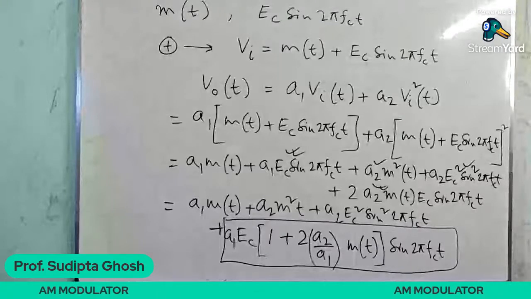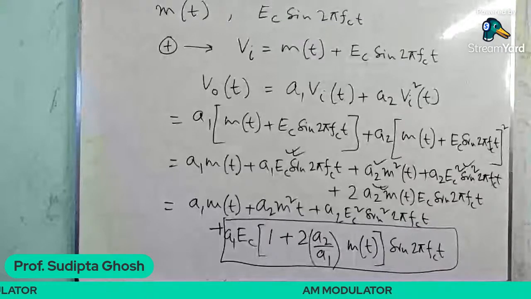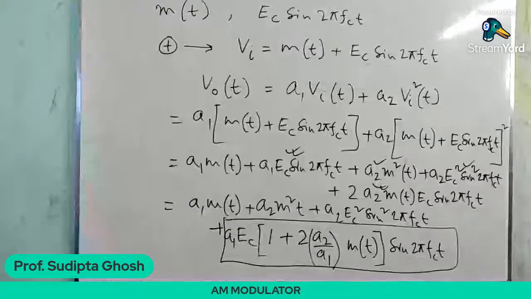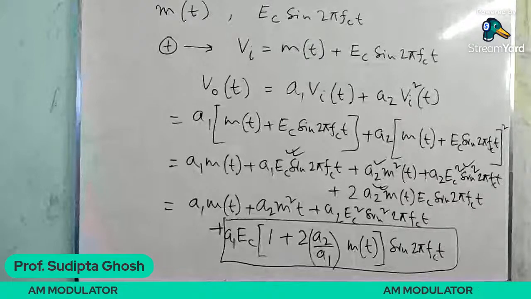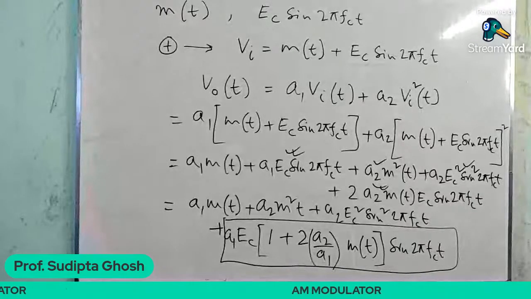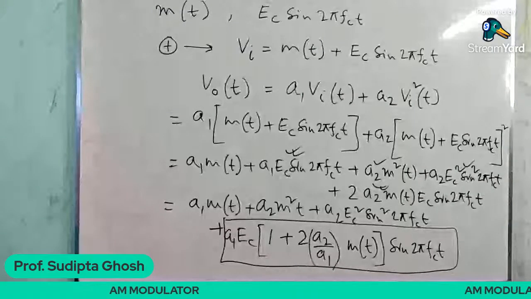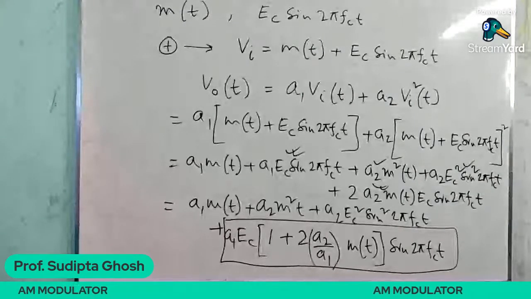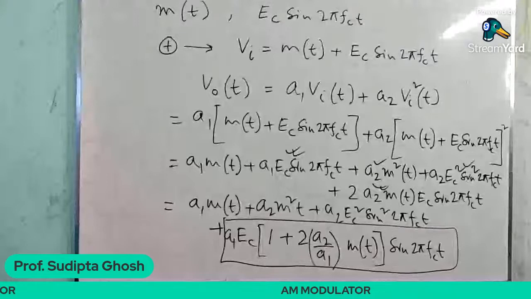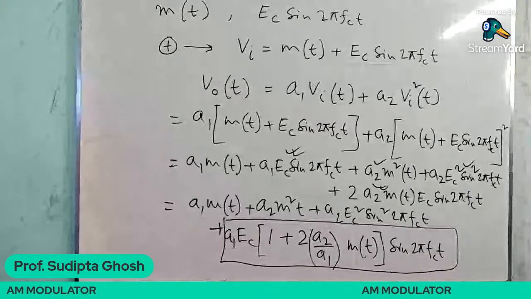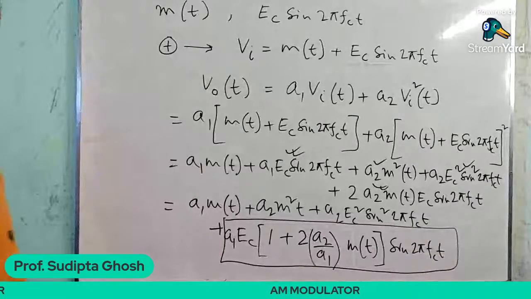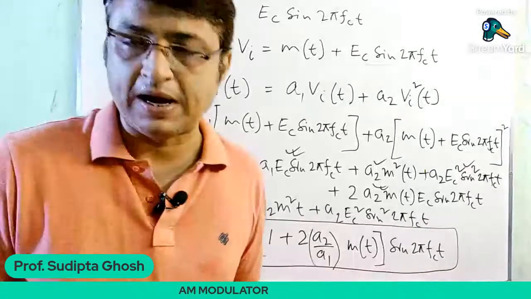This is the amplitude modulated wave which we can form by the amplitude modulator circuit, and this circuit is known as the square law modulator, or the power law modulation. So Arindam, I think you get your answer. Your question was why this circuit is called square law modulation.